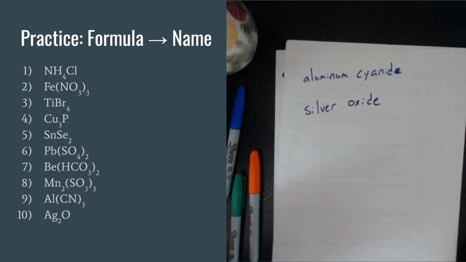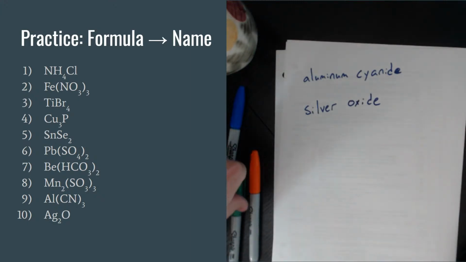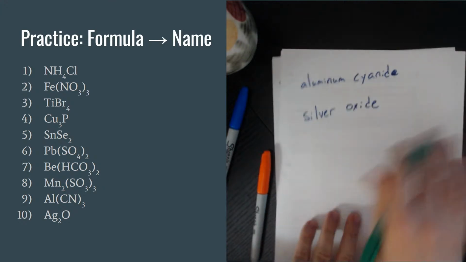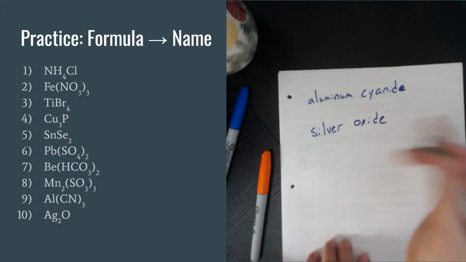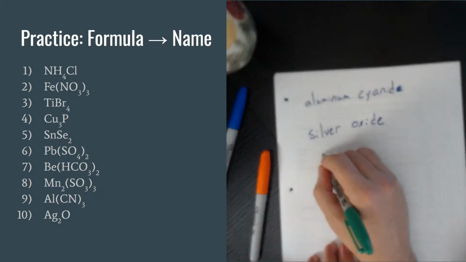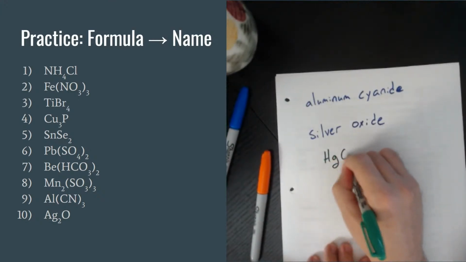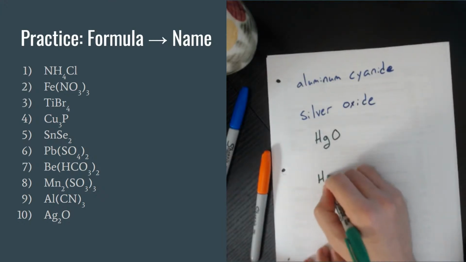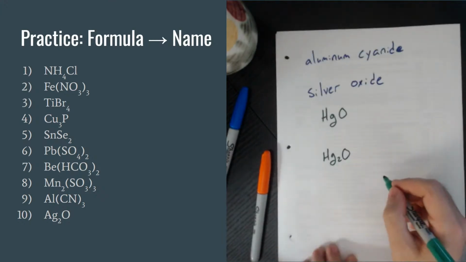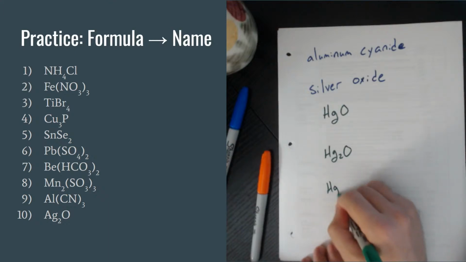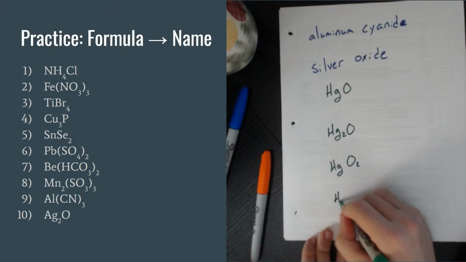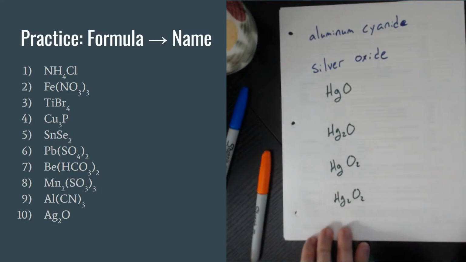The reason you have to be careful of O2 is because you could have something like, well, let's do mercury and oxygen. You could have HgO or Hg2O or HgO2 or Hg2O2.